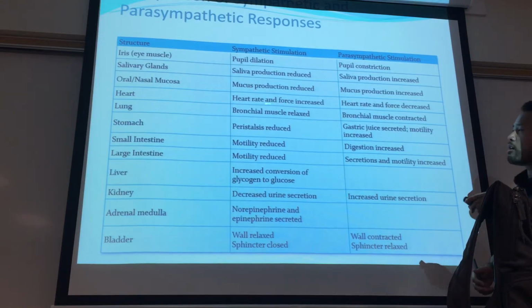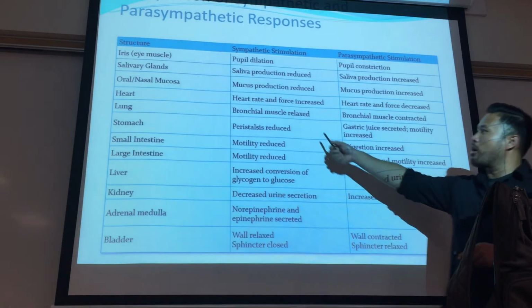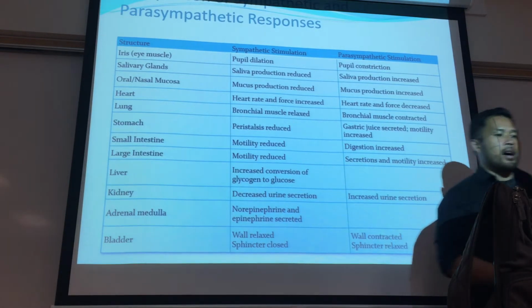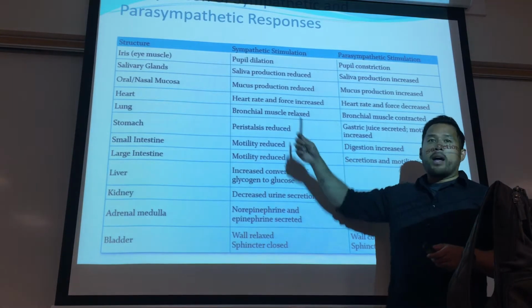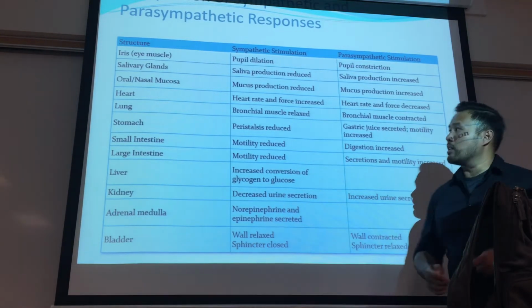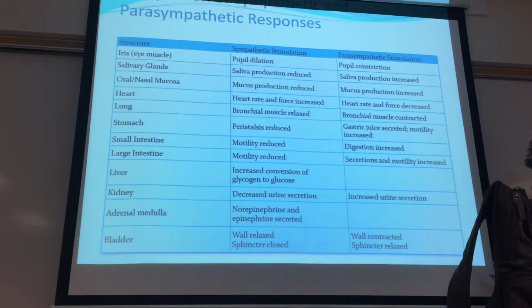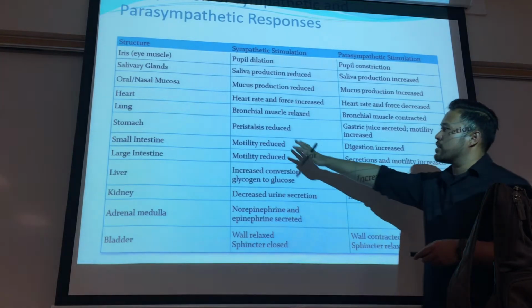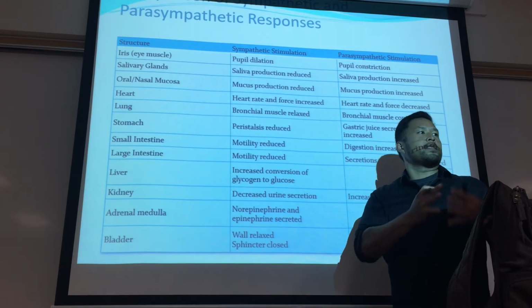You're going to see heart rate increase and the heart contraction force increase. If you take a look at the lungs, you see the bronchial muscles, and I'll show you this later on, where the bronchial muscles that surround the bronchioles that lead into the lungs start to open up, and that allows more air to flow into the lungs. In the stomach, you'll see peristalsis, and we'll go over these terms later on, but here we want to reduce the muscle motion of the stomach.